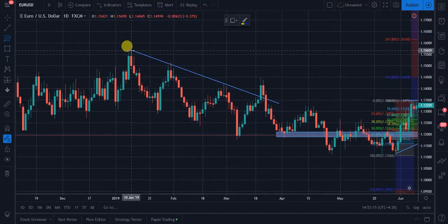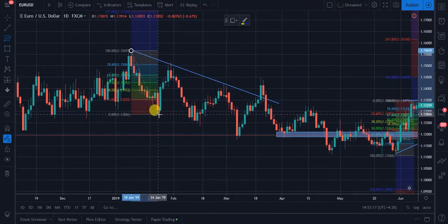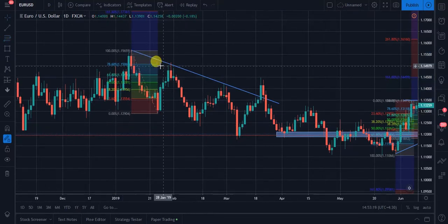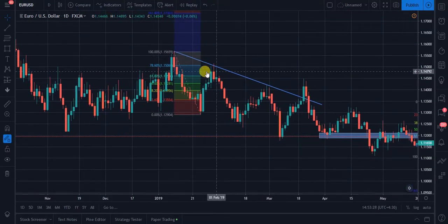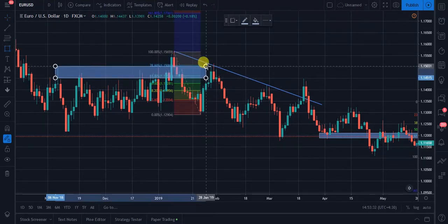So here from high to low, you can see price is rejected from this level 78.6%, and also this level is near this zone. This is our resistance zone.